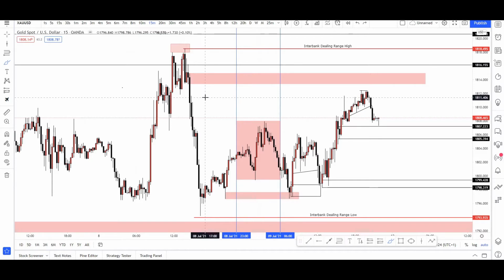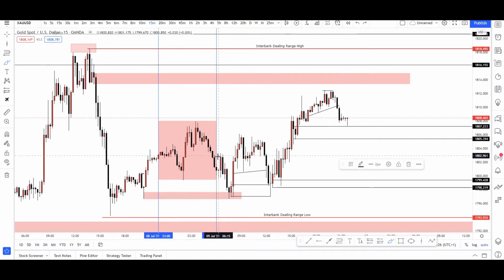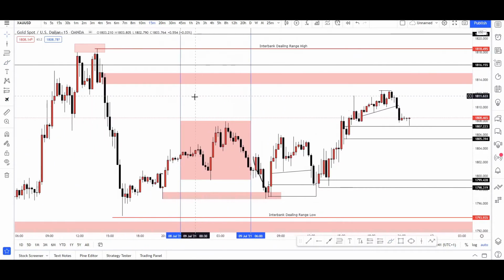So if you're planning on a bullish day, you would want the low to be grabbed into an area where banks are likely to buy. And what could those areas be?